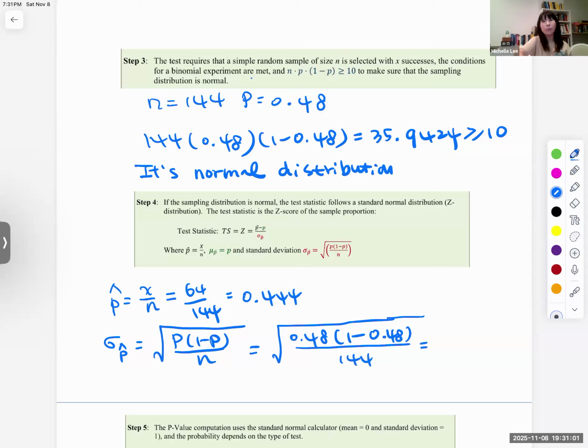Can you please calculate? It's 0.041633. I want to keep the decimals as much as I can so that we can round at the end. All right, so what's the z-test statistic?